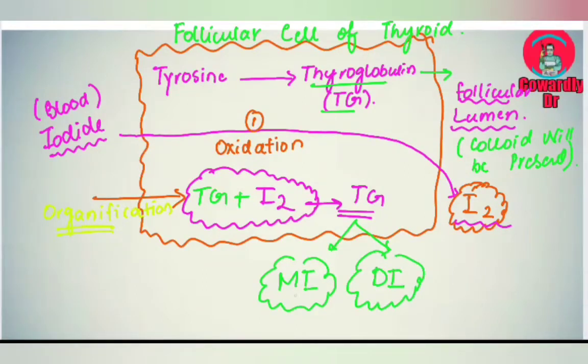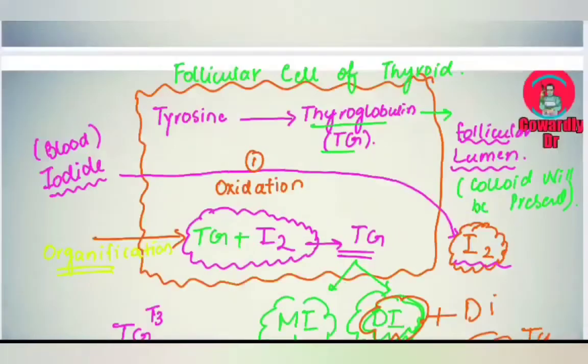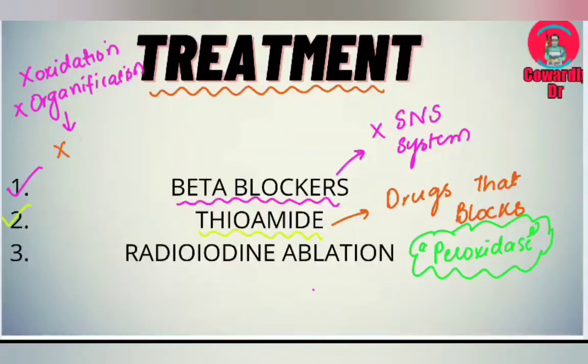Now if monoiodotyrosine plus diiodotyrosine combine, they will form thyroglobulin T3. But if, let's say, diiodo combines with diiodo, then it will form thyroglobulin T4. So what is happening is that if this peroxidase is blocked, then there will be no oxidation, there will be no organification, and it will block the thyroid hormone.